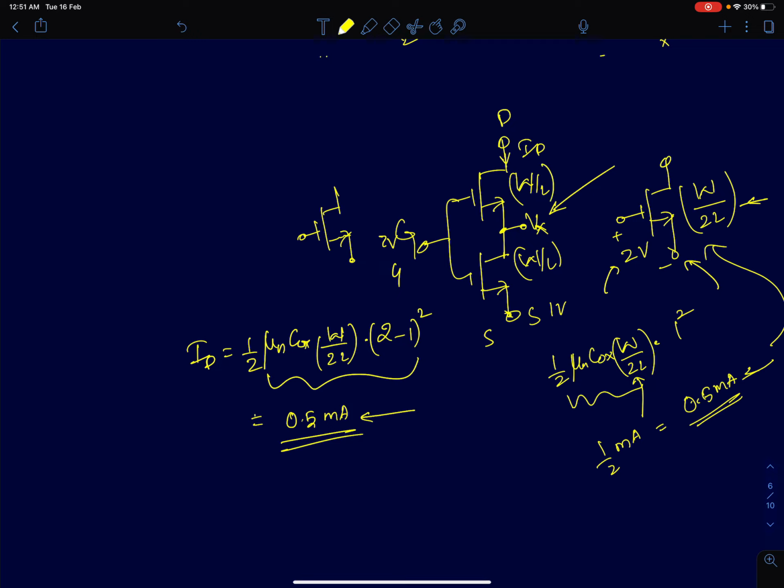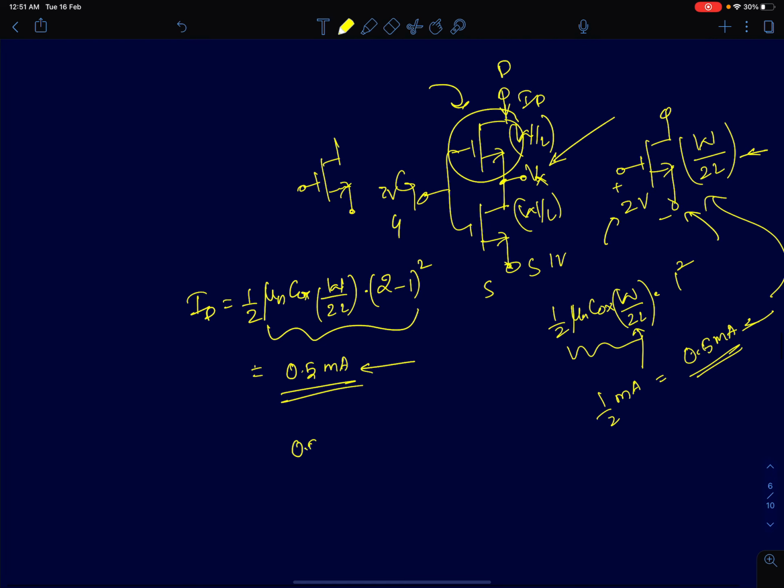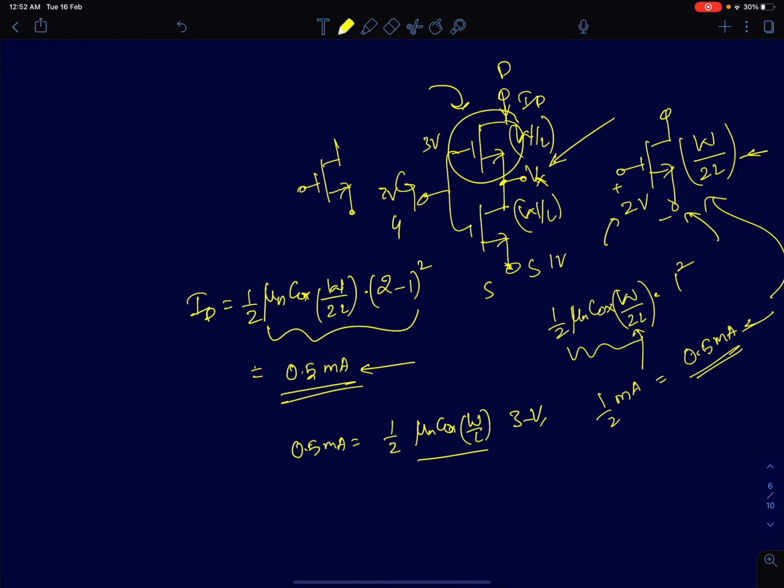To find that, now that I know the current flowing in the device, and I also know the first device is in saturation, I can directly use the saturation equation. So 0.5 milliampere is the current flowing through the first device, half mu n Cox W by L is its beta n, multiplied by VGS minus VTN the whole square. We don't know VGS, so VGS here is 3 volts minus Vx. So 3 minus Vx minus 1, the whole square.